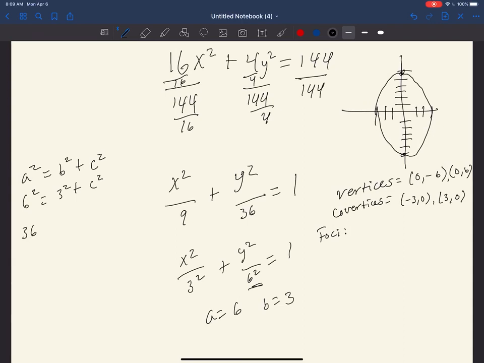6 squared will be 36. That will be 9. 3 squared, and then you have your c squared. Subtract 9 from both sides. So then that will be 25, right? No, 36 minus 9 will be 27.